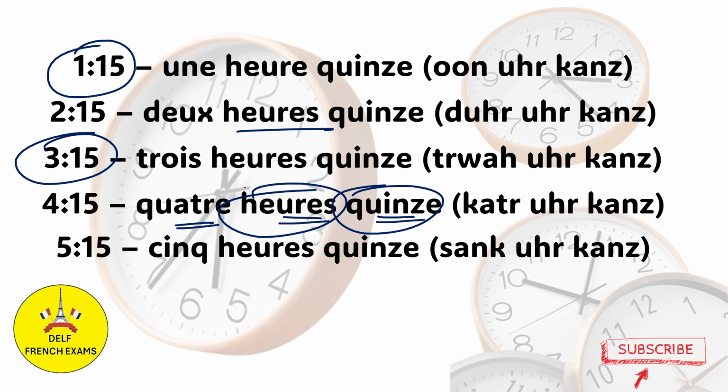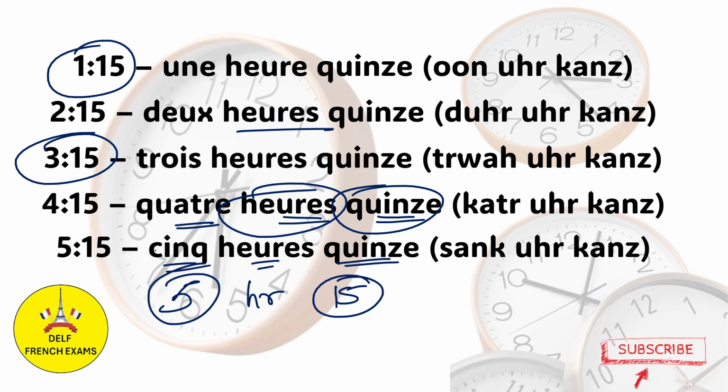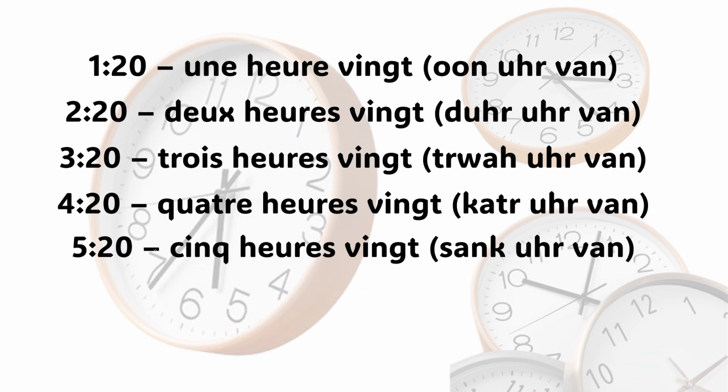Next is cinq heures quinze. This is 5, this is hour, and this is 5:15. Likewise, you can tell any time whichever is asked to you or whichever you want to speak. Let's have some more examples. At the end of this video, you will be able to tell the time of the day very easily.